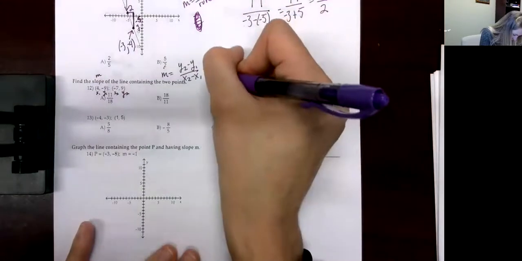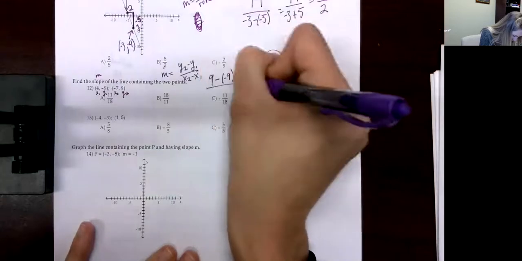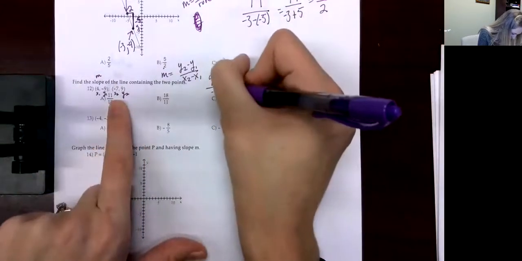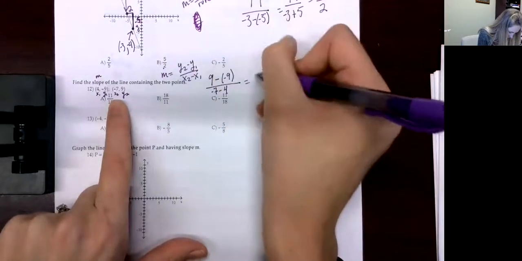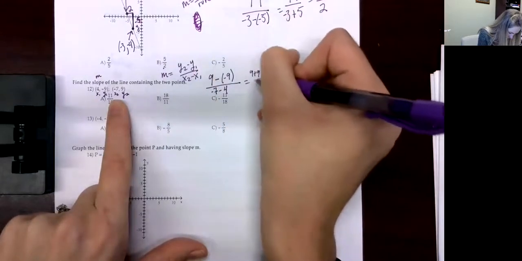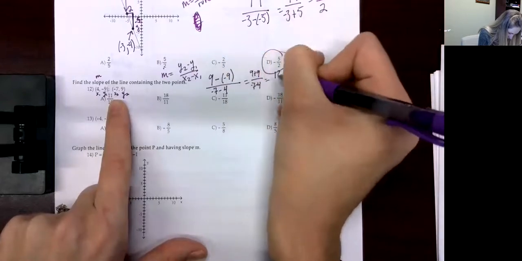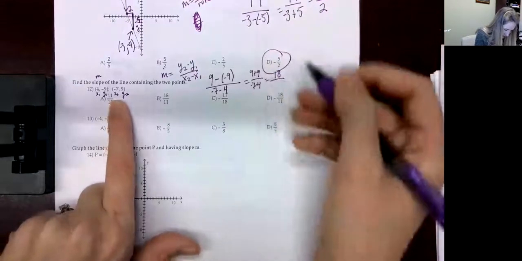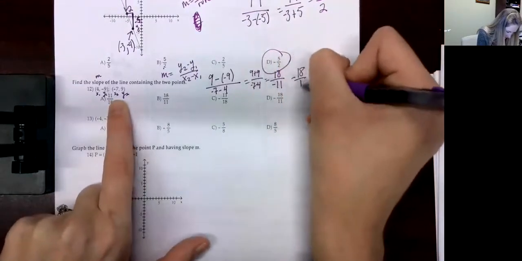So we have 9 subtract -9 over x2 -7 subtract 4. This would be 9 plus 9, which would give us 18. -7 subtract 4 would be a -11. So we're going to have -18 over 11.